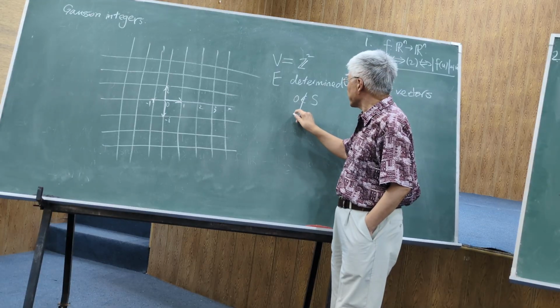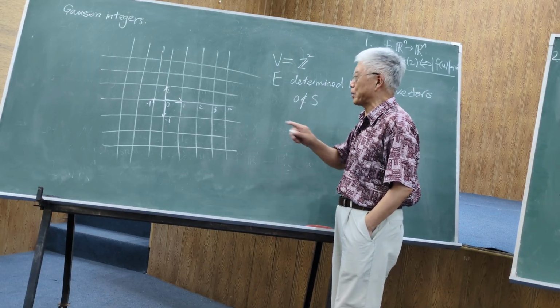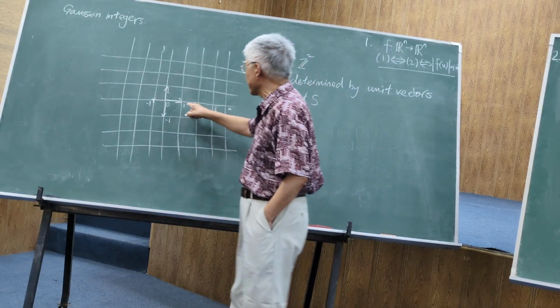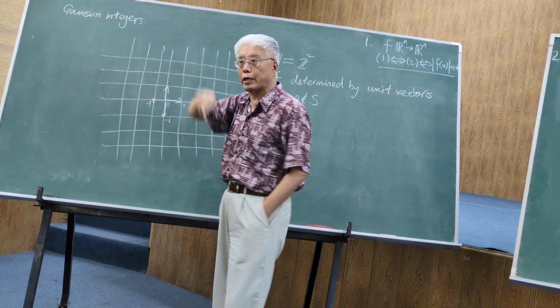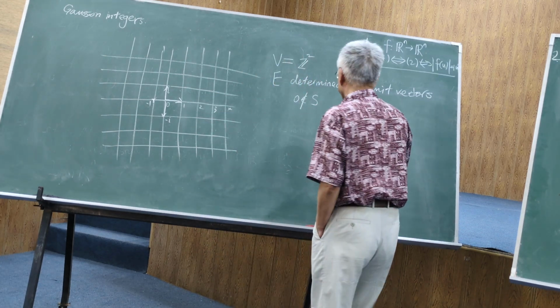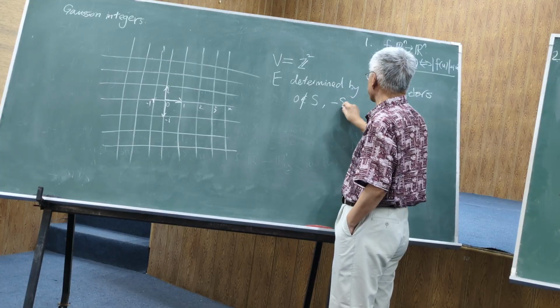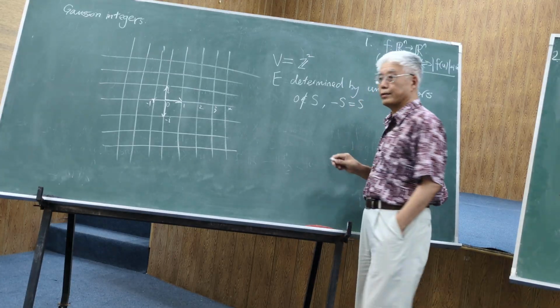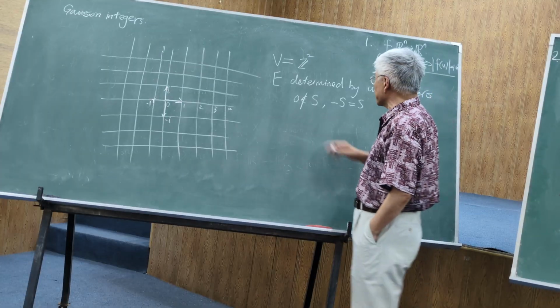If some element is in S, then its inverse, its negative, must be in S. If this is in, its negative, that one, must be in. These two are negative to each other. So negative S is equal to S as a set. That is the second condition.